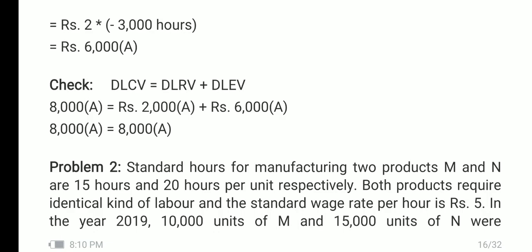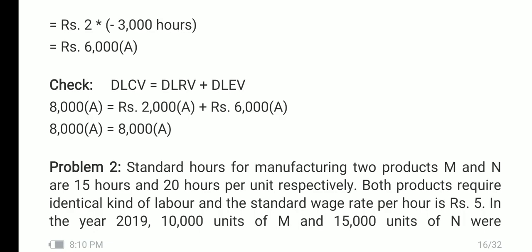1 unit of N. Further, both products require an identical kind of labor, it is easily understandable, and the standard wage rate per hour is rupees 5. Whether the laborers or workers are engaged in production of M or N, they are identical.